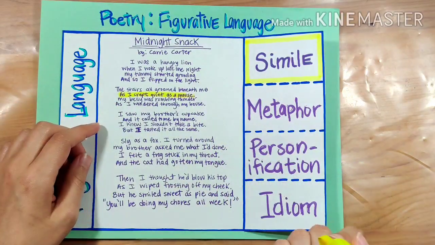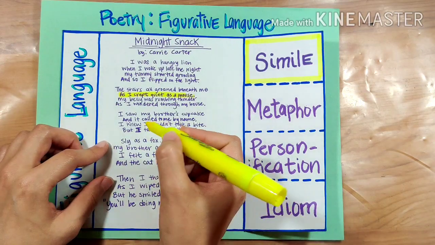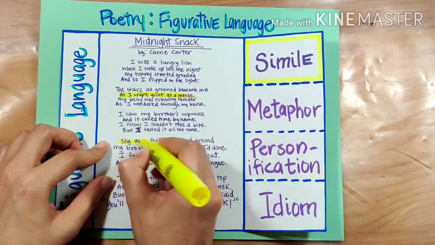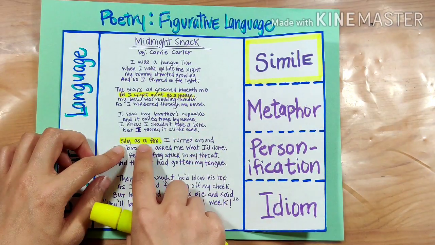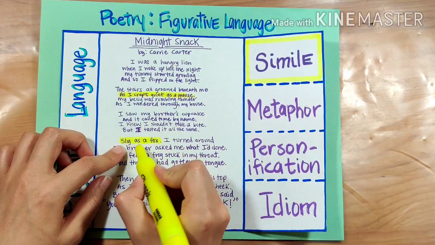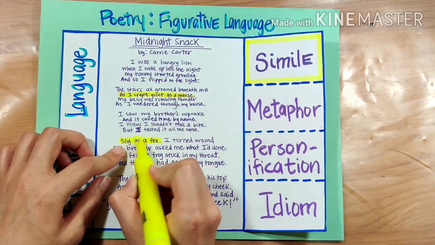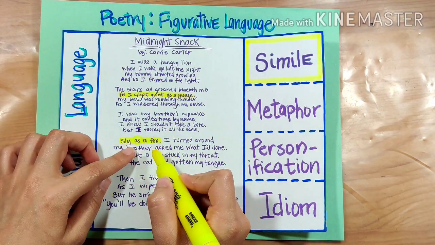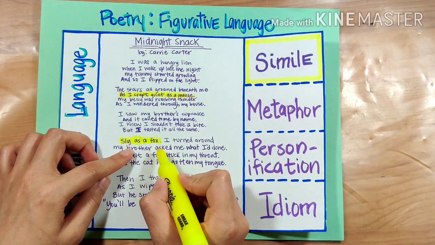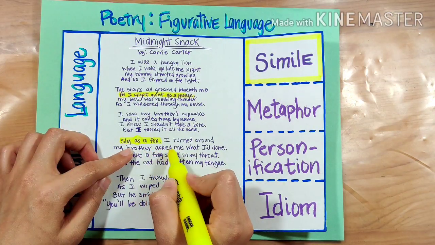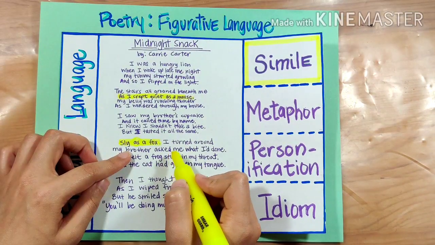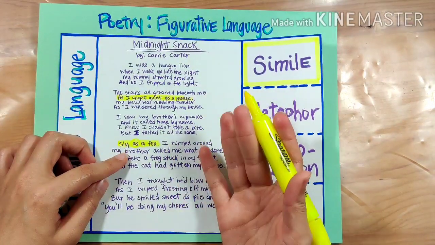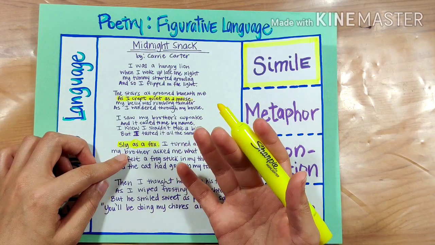And if we move on to another example, we have here what it says, sly as a fox. Okay, so here's our word as. That's how we know that this is a simile. And I am being sly or sneaky, just as a fox would be sneaky. Now, I don't have lots of characteristics that would remind you of a fox, but this is a pretty common saying because we think of a fox as a very sneaky creature.